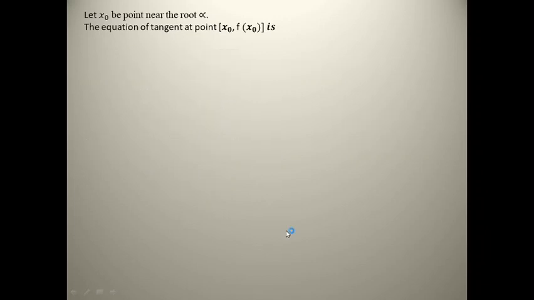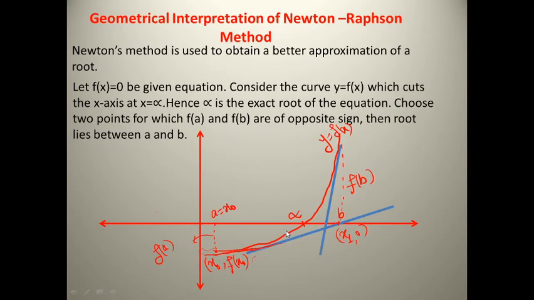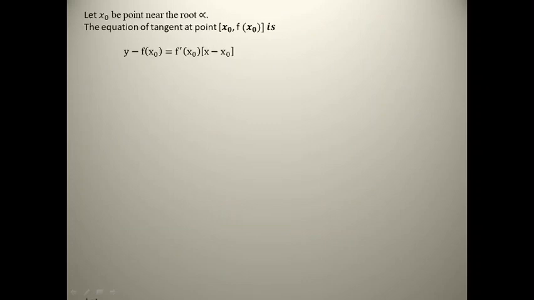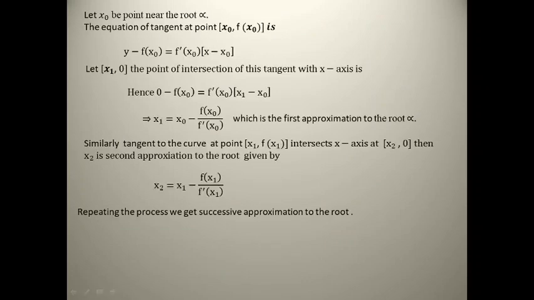You can see here what x2 will be. x2 is nothing but this point, right? So in this way we repeat the process successively till we get the desired root of the equation.